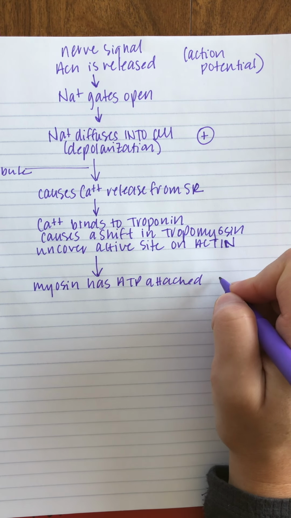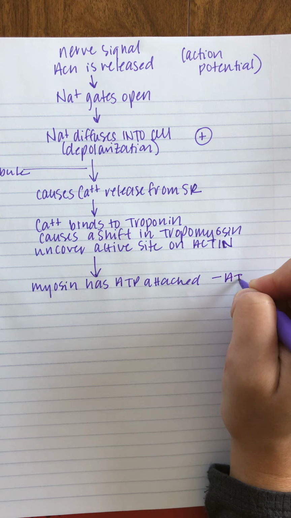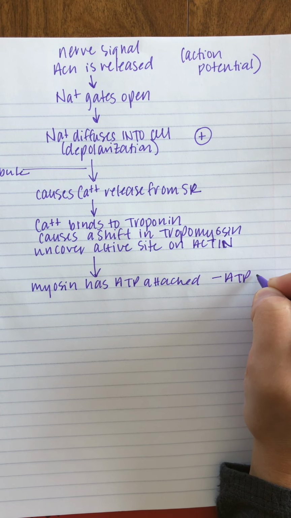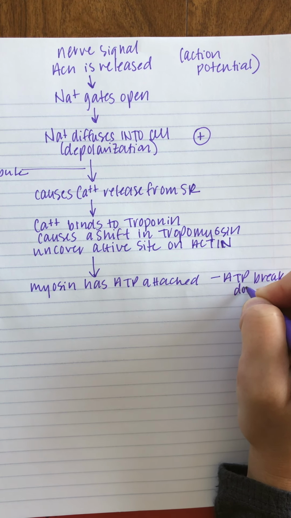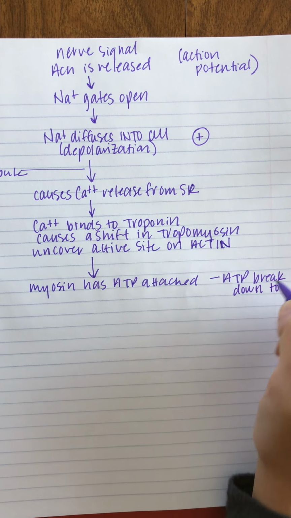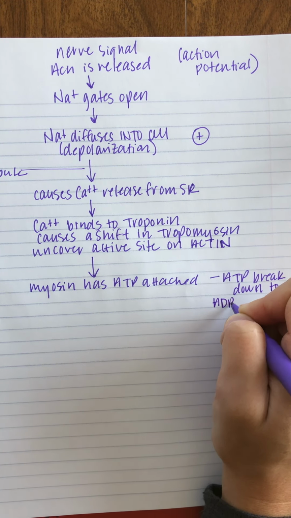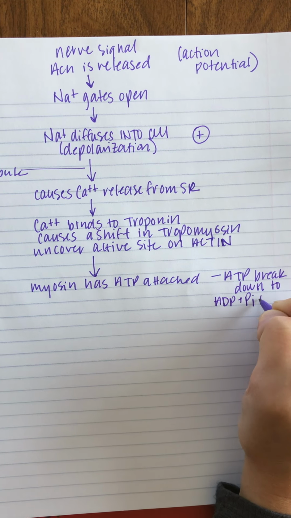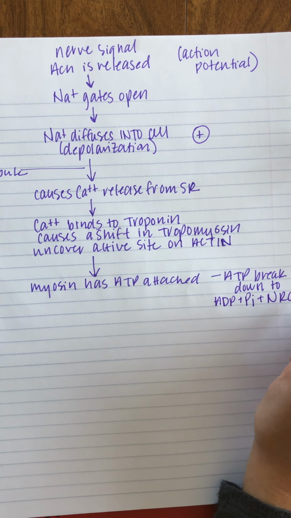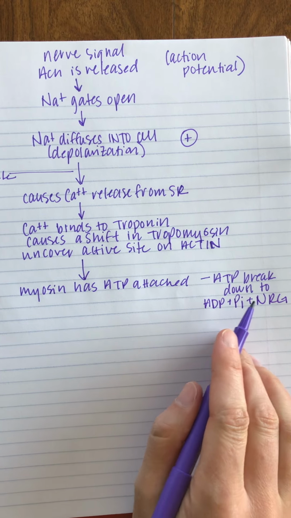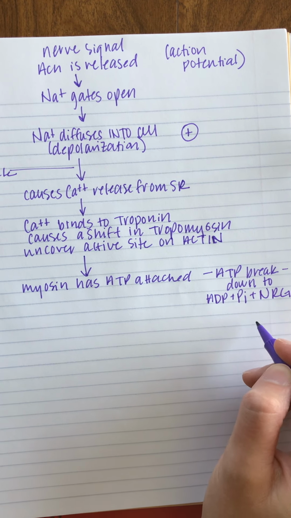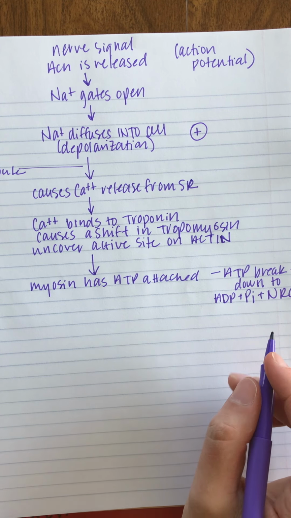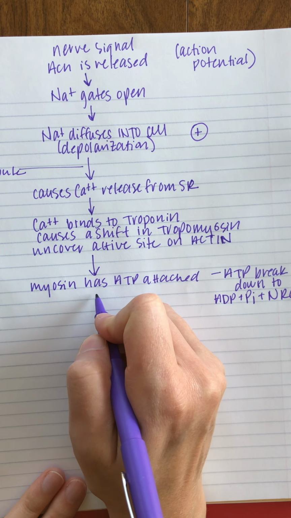So ATP breaks down into ADP, Pi, and energy. Okay, remember that from bioenergetics. So the ATP will break down into ADP, Pi, and releases energy.